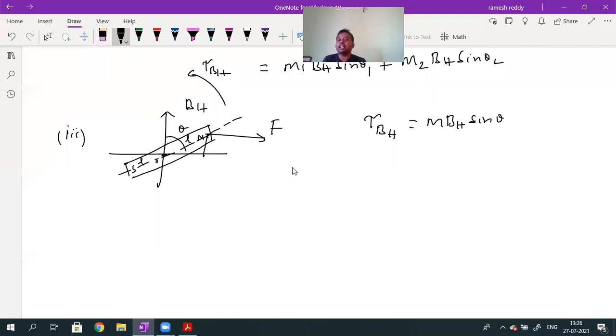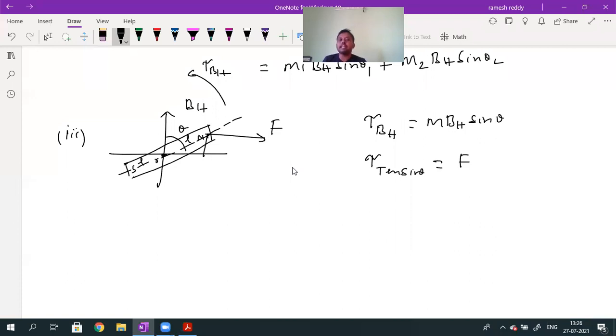Now if I want to calculate the torque due to the applied force, or the torque due to the tension force. Torque is the product of force and the perpendicular distance of the line of action of the force from the fixed point. So I want to calculate this perpendicular distance.